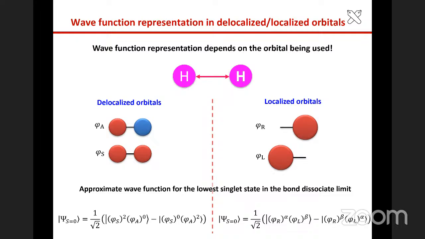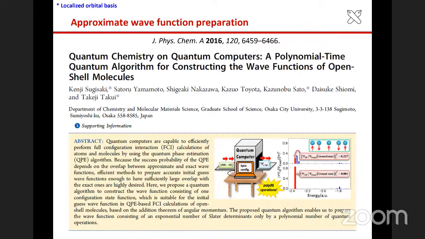In the local basis, the singlet wave function can be written as the occupied-unoccupied, alpha beta minus beta alpha, minus unoccupied-occupied, alpha beta minus beta alpha. The representation depends on the orbitals. So we have to take care about which orbital is used in the approximation, in the wave function expansion. So here I will talk about the local orbital basis.